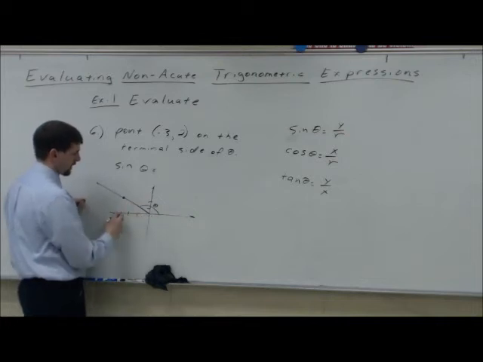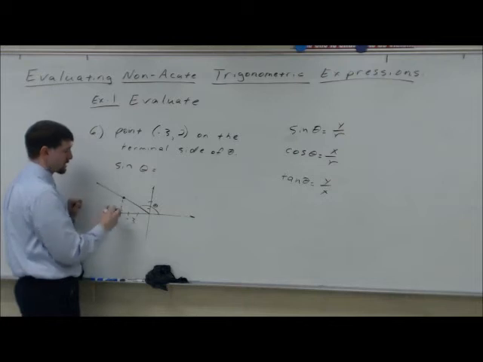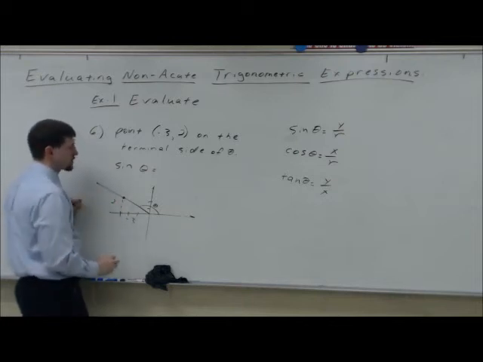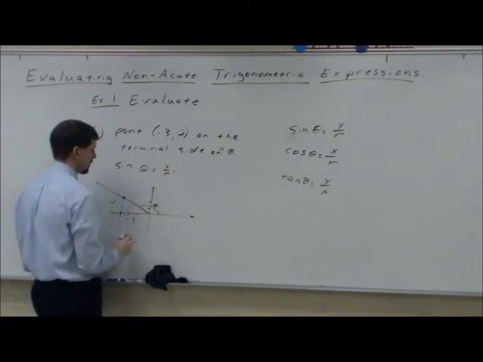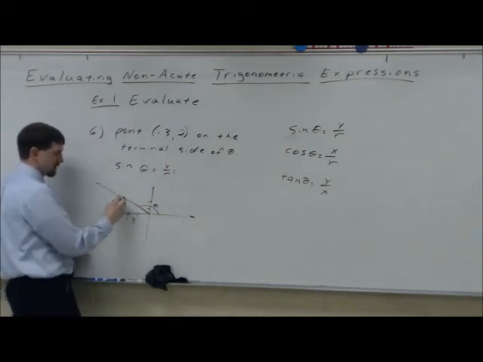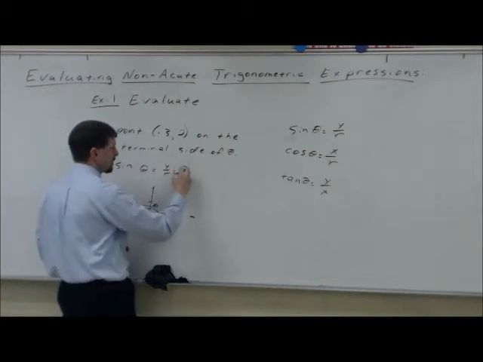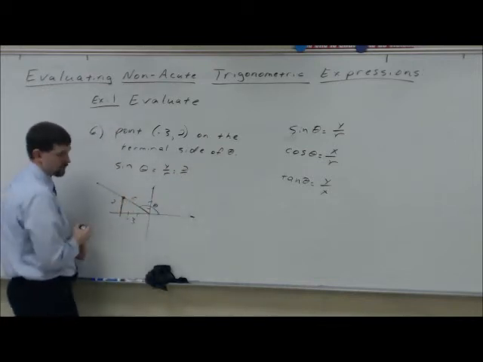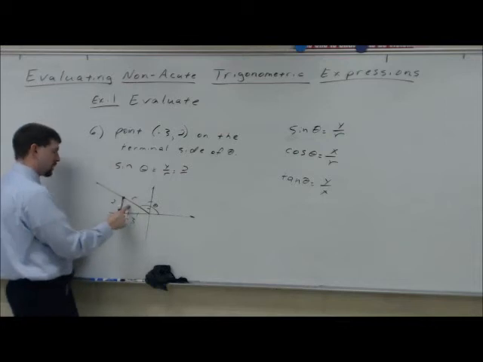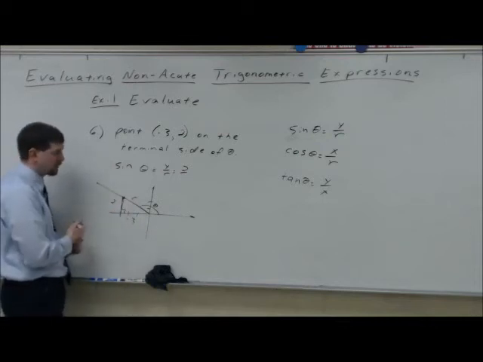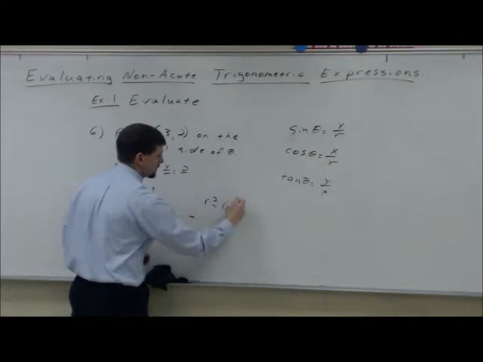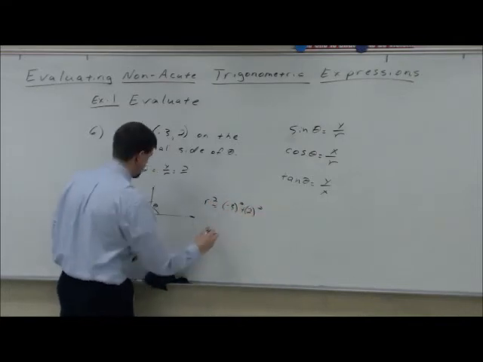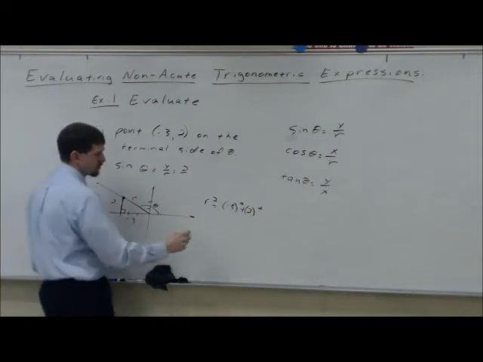Now we build this triangle. I went 3 units left, 2 units vertically. So I know sine, as we just described, is y over r. Well, my y is easy to see. It was up 2 units. My r, I'm going to have to calculate. How do you calculate the hypotenuse of a right triangle? Well, r squared equals negative 3 squared plus 2 squared. a squared plus b squared equals c squared.